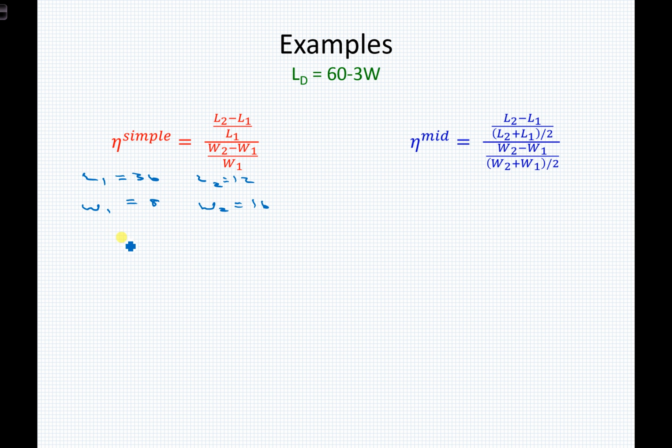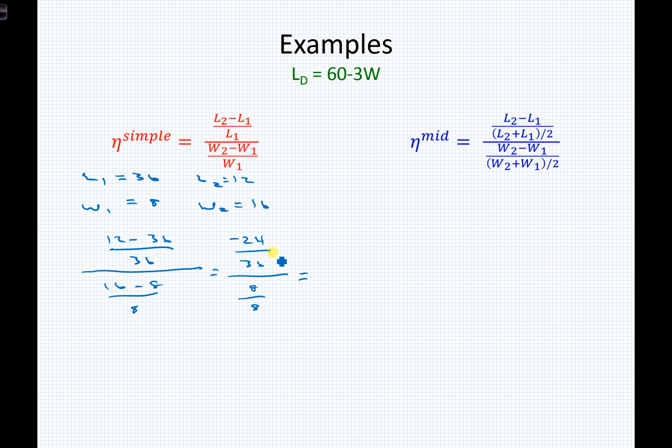So we then have 12 minus 36 divided by 36 over 16 minus 8 divided by 8, we know that's going to then give us negative 24 divided by 36 and 8 divided by 8, which simply is 1.